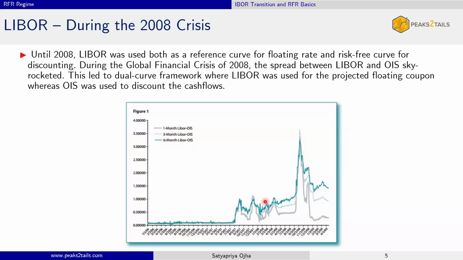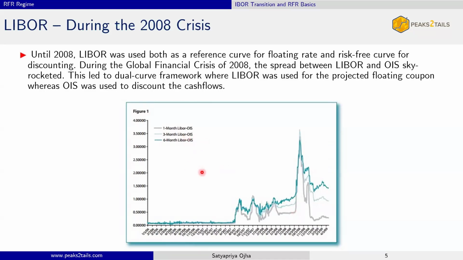So a new breed of interest rate valuation came into the picture, which is called dual curve or multi-curve, right? So LIBOR was still used as a benchmark curve to project floating rate cash flows. LIBOR was still used as a floating rate benchmark, but for discounting purposes, you need a risk-free rate. And because LIBOR was no longer perceived as risk-free, they started using OIS for discounting.